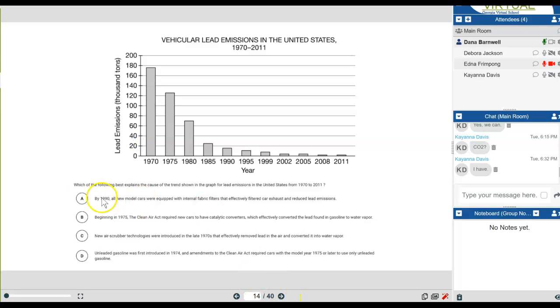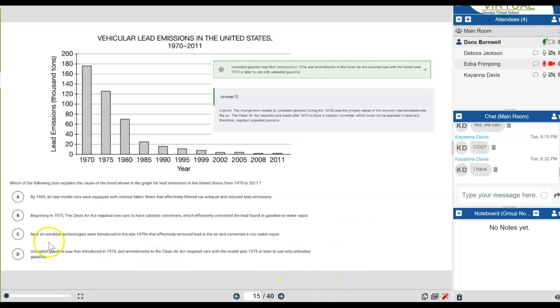So when we look at this question, which of the following best explains the cause of the trend shown in the graph for lead emissions? All right, we're going to be looking to see that unleaded gas right here was first introduced in 1974, and that amendments to the Clean Air Act required that any model made after 1975 or later was going to only use unleaded gas.